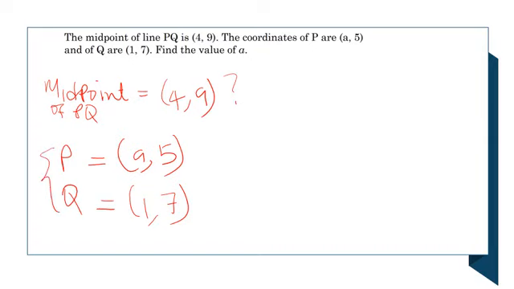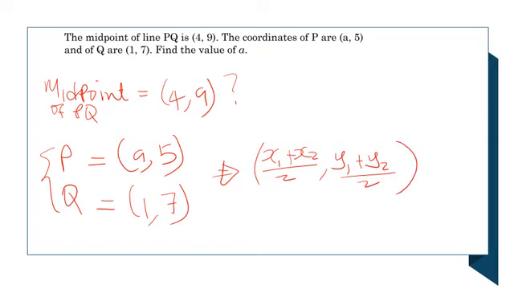Okay, so for us to find this midpoint, remember the formula we are using: x1 plus x2 divided by 2, y1 plus y2 divided by 2. Okay, so let's put these values.